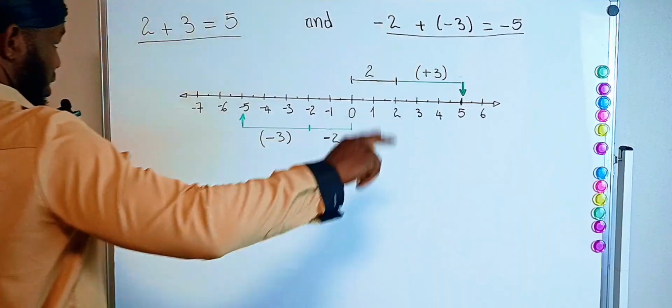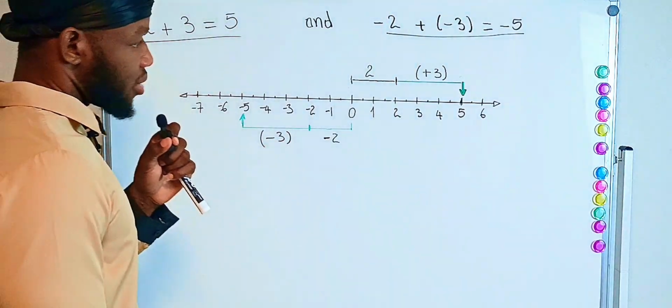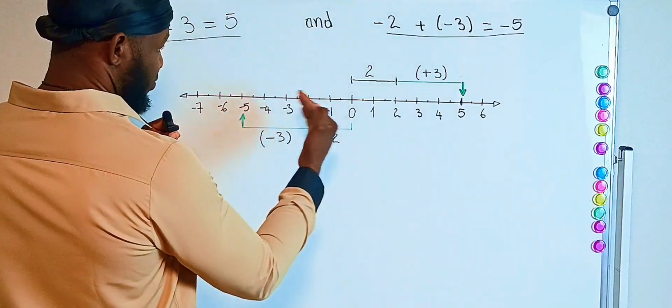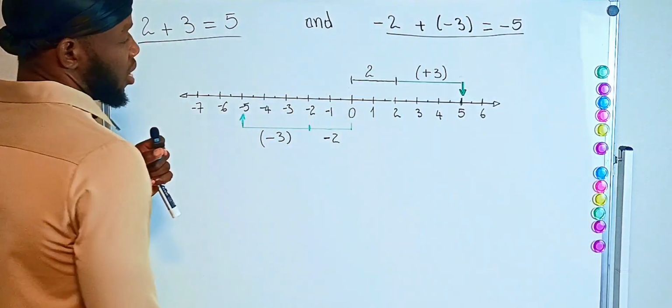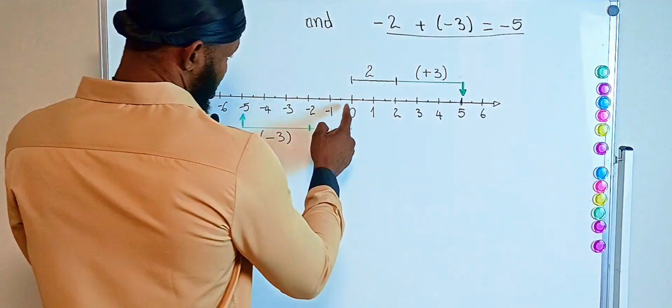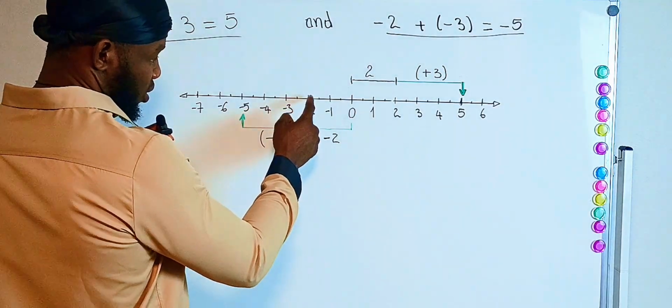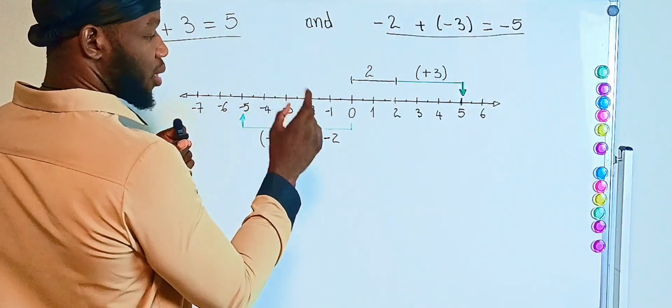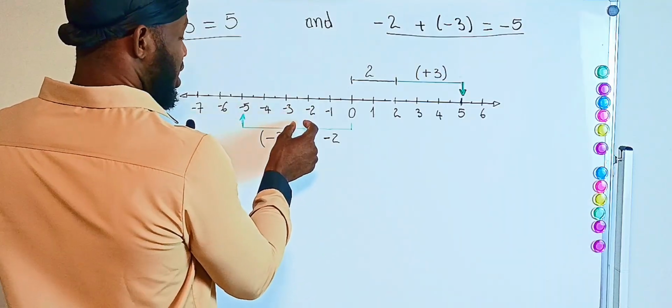So let's go for this one. We got two negative numbers to add this time. We got at the other side of the number line, the negative part of the number line, we got negative 2 units, negative 2, which is gonna be over here, plus negative 3.